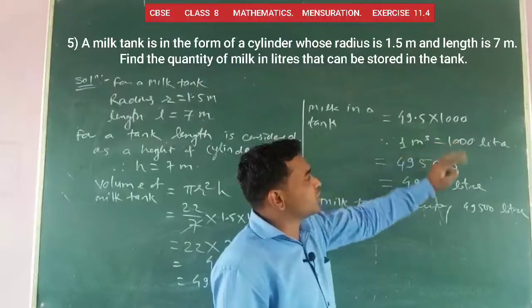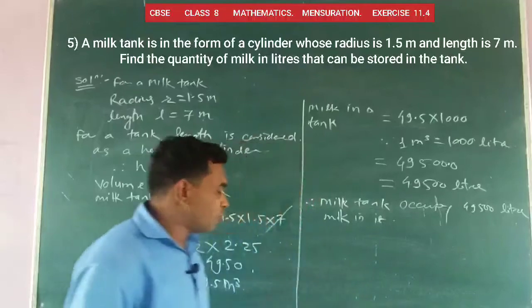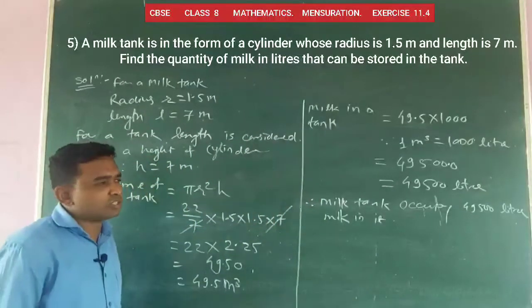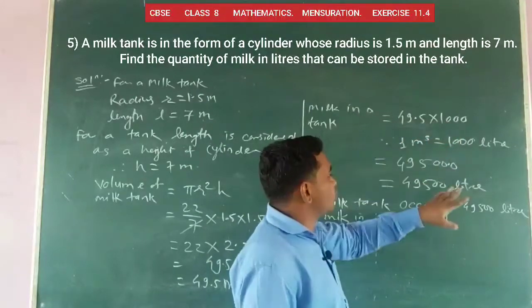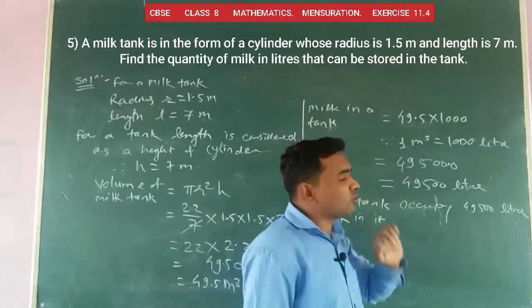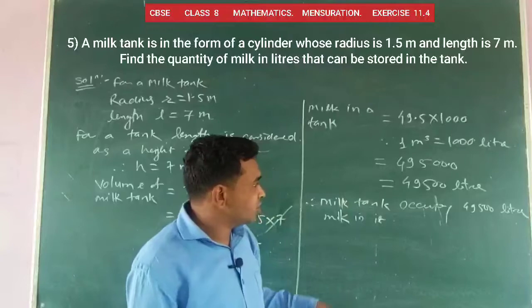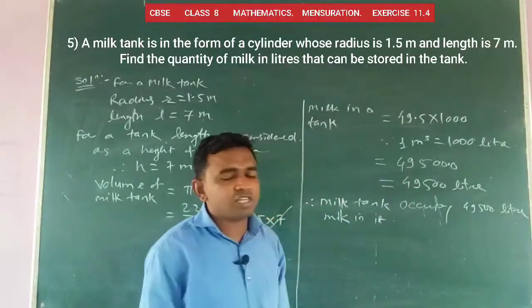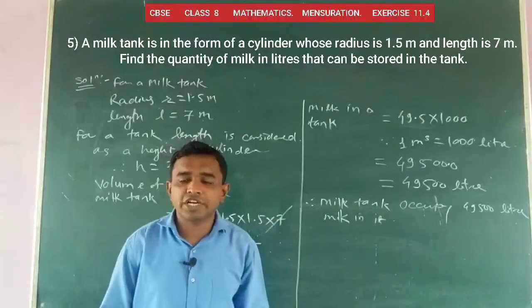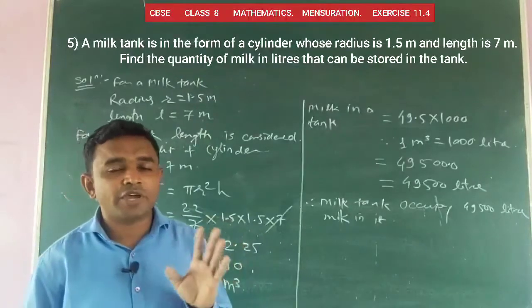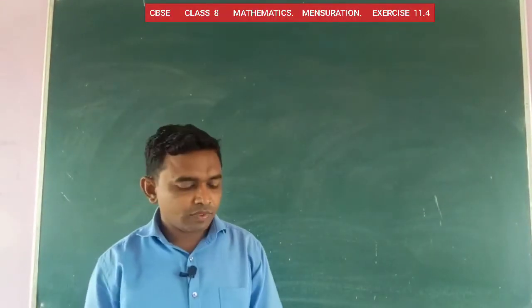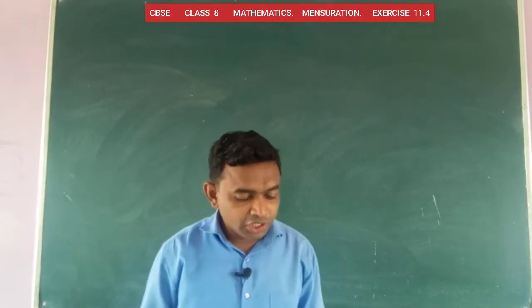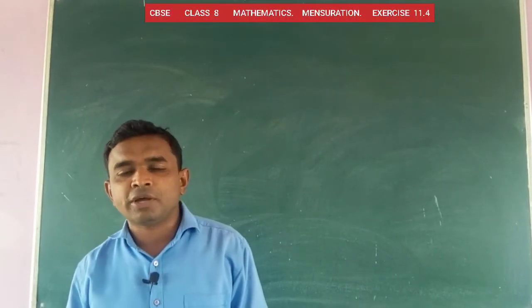Because 1 meter cube is equal to 1000 liters. We have to convert this unit into liters. So simply multiply 49.5 into 1000, we get the value 49,500 liters, and our answer is: the required milk for the cylindrical tank is 49,500 liters.